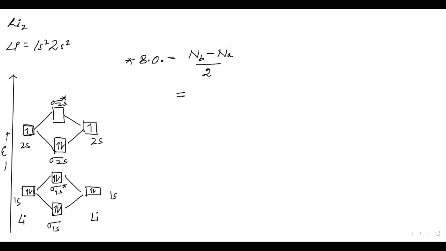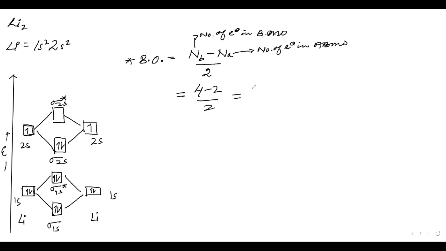How many bonding orbitals? The number of electrons in bonding orbitals is 4 and in antibonding is 2. So 4 minus 2 divided by 2, that will be 1. So yes, we will say Li2 exists.